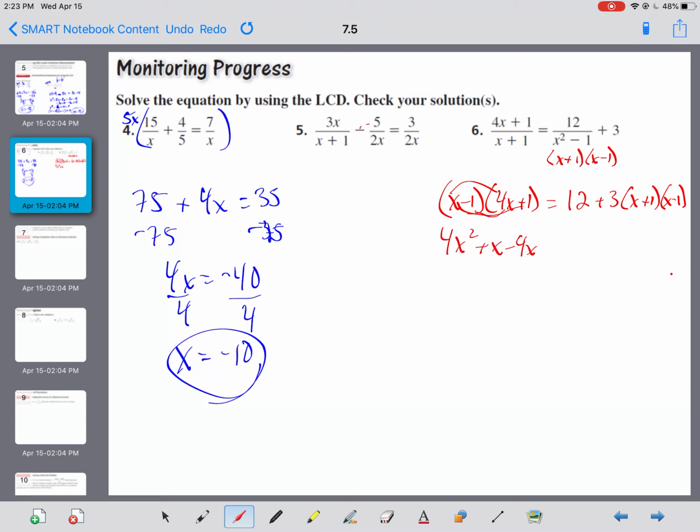We've got to multiply it all together, move it all to one side, get it figured out. So x times 4x is 4x squared plus x minus 4x minus 1. 12 plus 3 times x squared minus 1. So we got 4x squared minus 3x minus 1 equals 12 plus 3x squared minus 3.